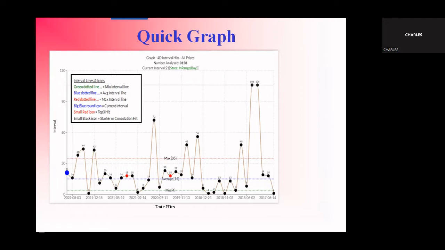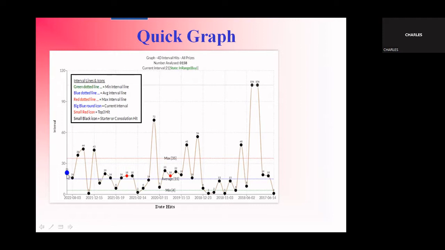They are very important lines which you can use to analyze a number, whether a number is not due, in range, or overdue. And the next icon you want to look at is the big blue icon, which is the current interval, which is over here.